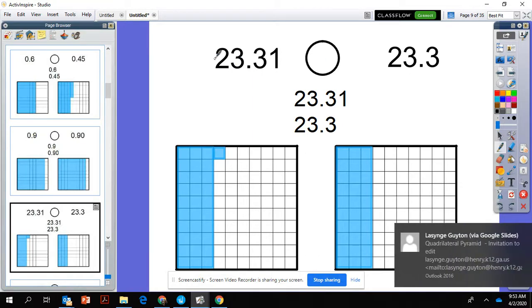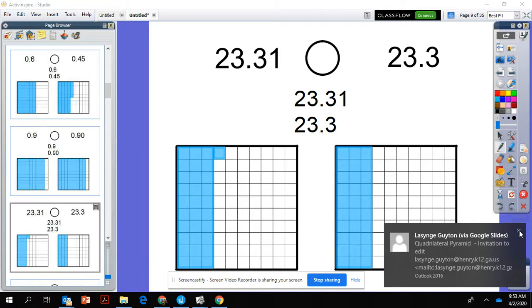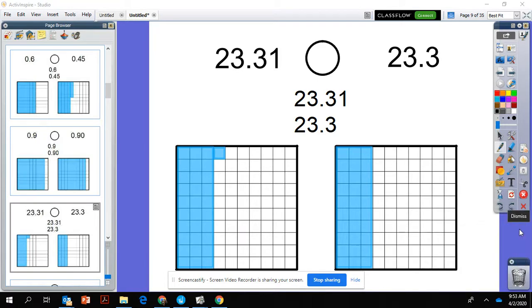So because they are equal, I'm going to now go over to my first place over here to my decimals. I have 31 hundredths, which is shaded here, and then I have 3 tenths, which is shaded here. Well, remember that the 3 tenths is the same as 30 hundredths, okay?